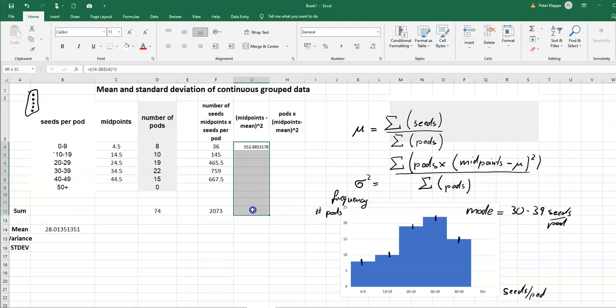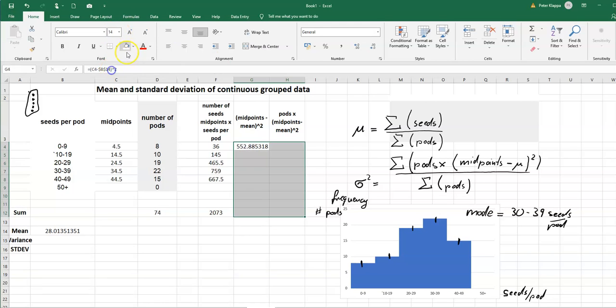We also make these numbers a little bit larger so that we can easily see them. And I let Excel do all the heavy lifting. So these are the differences between the midpoints and the mean, squared.